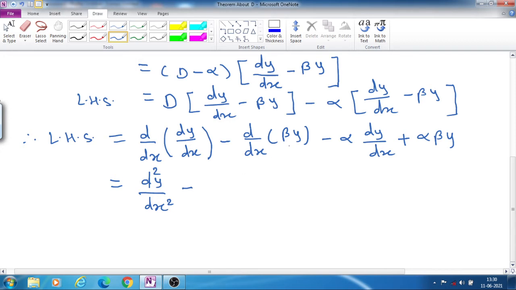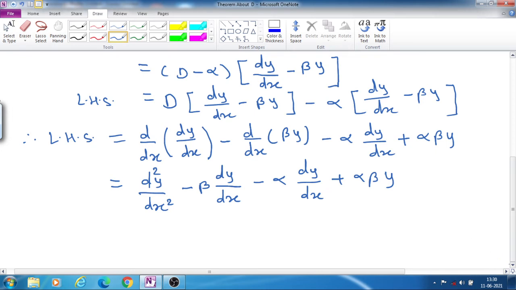Beta is constant, so beta is as it is, but d by dx of y means dy by dx. And next term, minus alpha into dy by dx, plus alpha into beta into y.